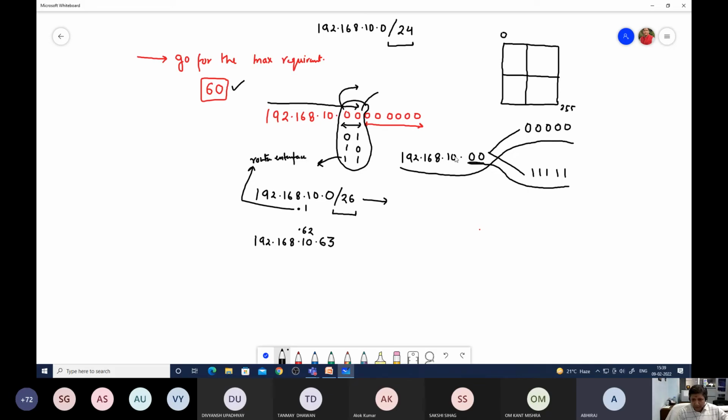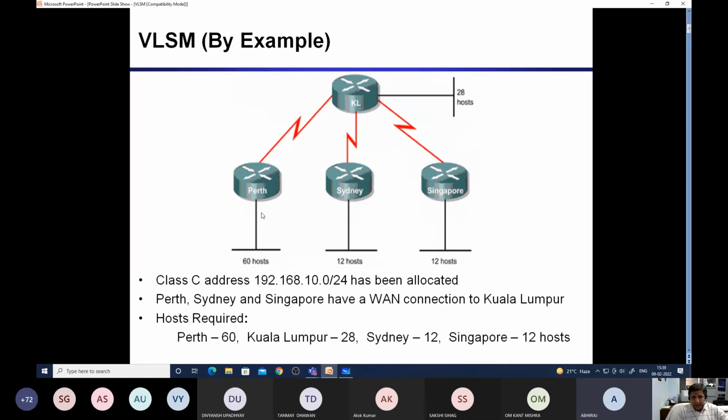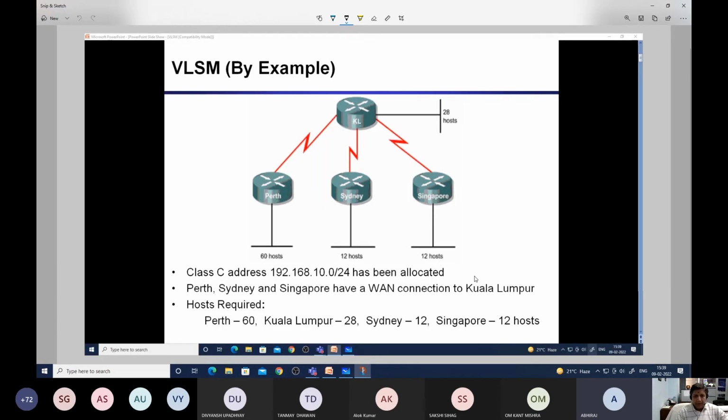I mean to say, the first usable host ID of this LAN will be assigned to this interface.